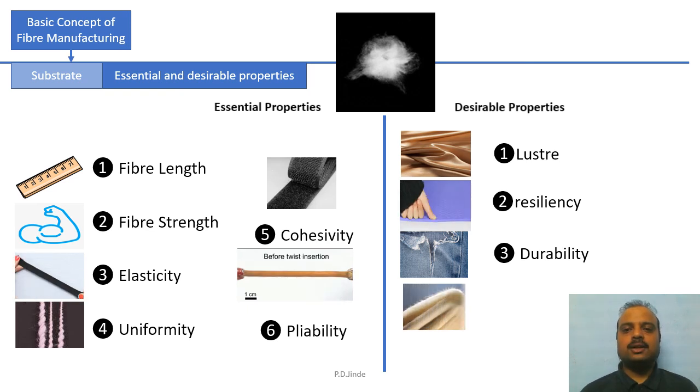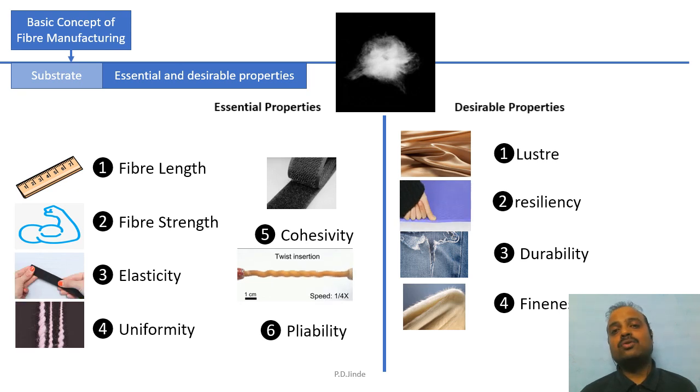Next desirable property is fineness. It is a measure of both size in terms of diameter and linear density. Finer the fiber, softer will be the handle. When I say it's fine, it's nothing but its diameter is smaller. If a fabric is made out of these small diameter fibers, then the handle or feel of the fabric becomes softer.